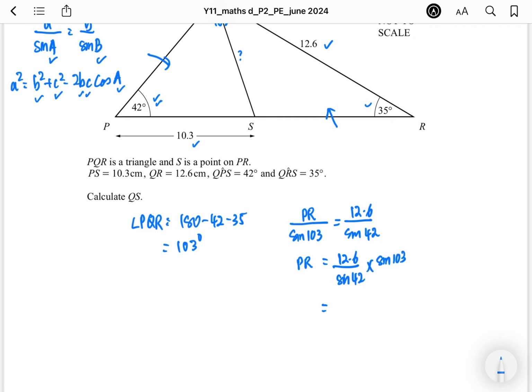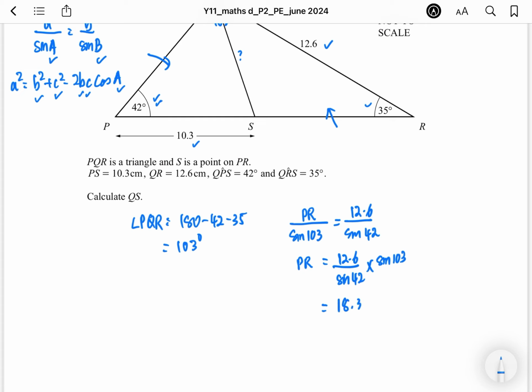Using a calculator, we should get 12.6 divided by sine 42 times sine 103.